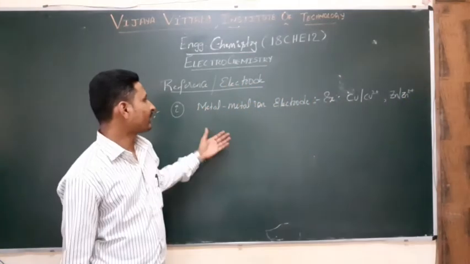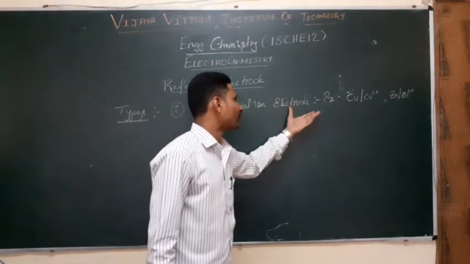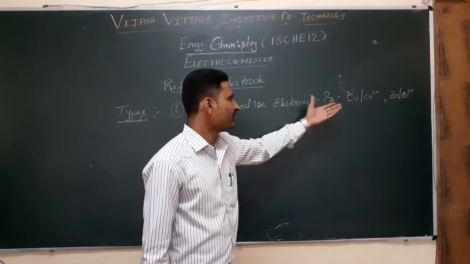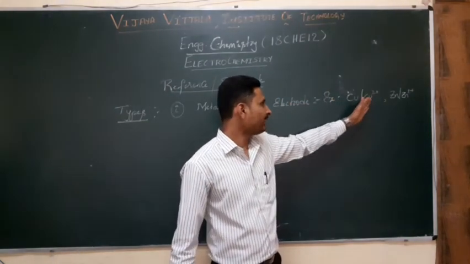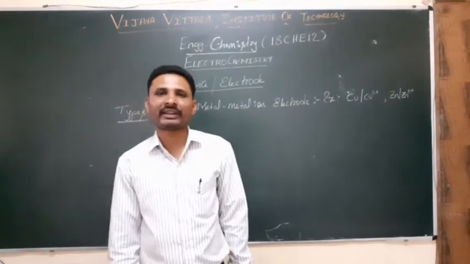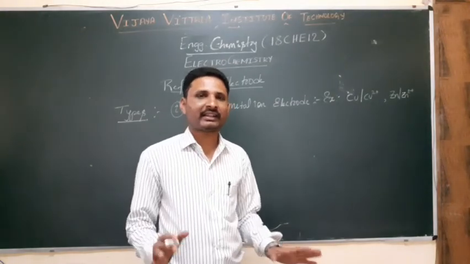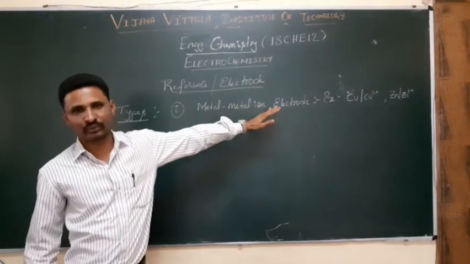That is a metal ion electrode. The potential is developed between the electrode and the electrolyte interface.